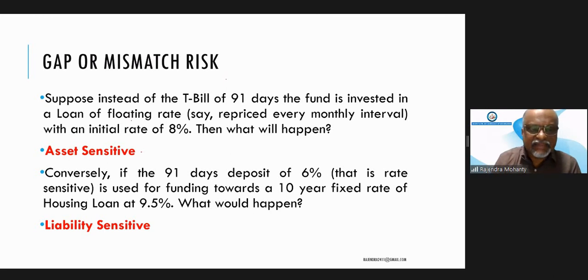See, when the position is asset sensitive, if the rate increases, NII increases, and when the rate of interest is falling down, NII will decrease. Here, in this liability sensitive case, if the rate of interest increases, NII decreases, and when the rate of interest is falling, NII is increasing.